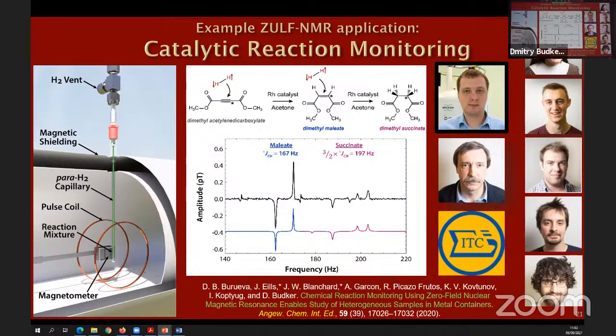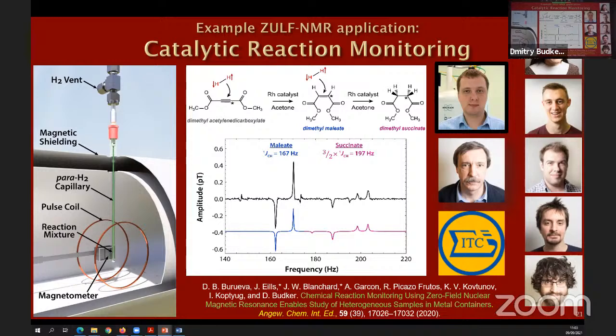It's a rhodium-based catalyst, a typical thing that you have, and then you see this is a triple bond, so you can attach two hydrogen, and then you can do it again, and then you end up with this dimethyl succinate molecule that only has a single bond. So you have now an initial molecule, then an intermediate product, and then a final product.